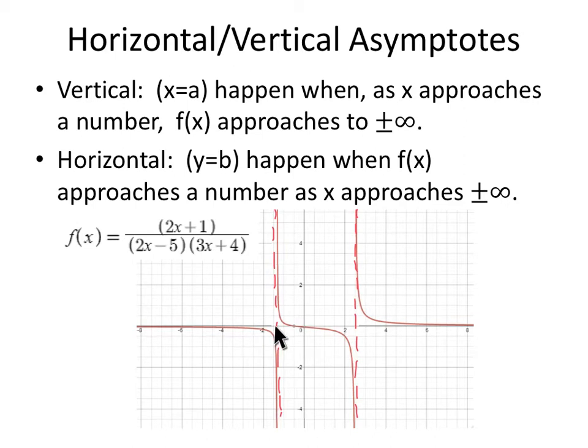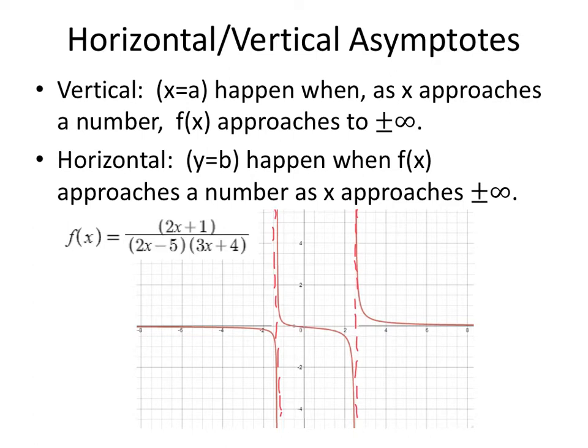The number that it approaches is not in the domain, right? So the vertical asymptotes happen at numbers that are not in the domain, okay? Because the number is not in the domain, the values of the function are kind of like slamming up against a brick wall. They can't go there, so they either go to positive infinity or negative infinity, okay?